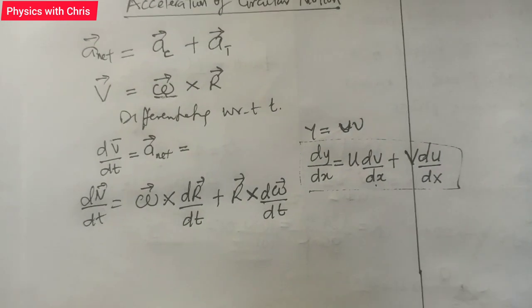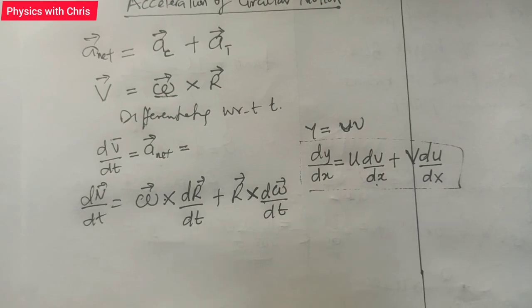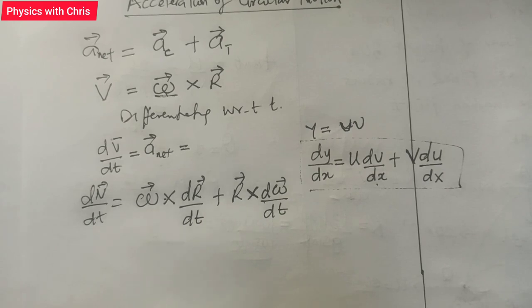Of course, you encounter cross products in vectors. In vectors, we have the dot product of two vectors and the cross product of two vectors. The dot product of two vectors is a scalar quantity, but the cross product of two vectors is a vector quantity, and acceleration is a vector.